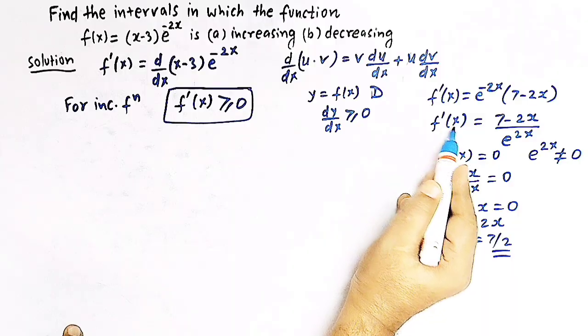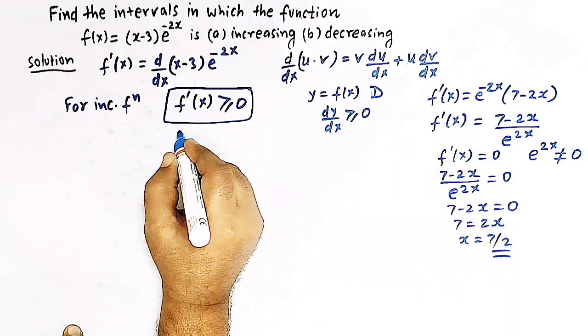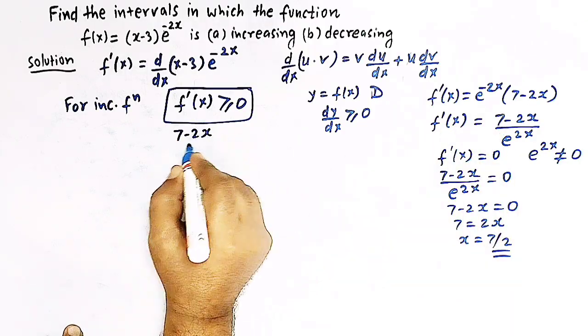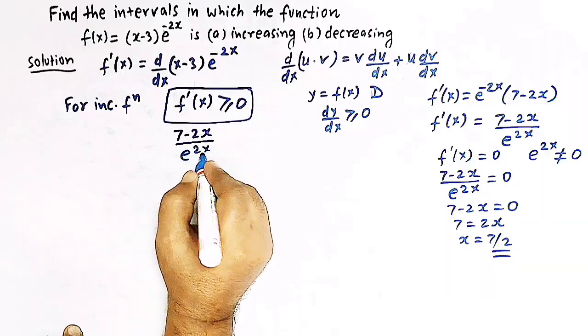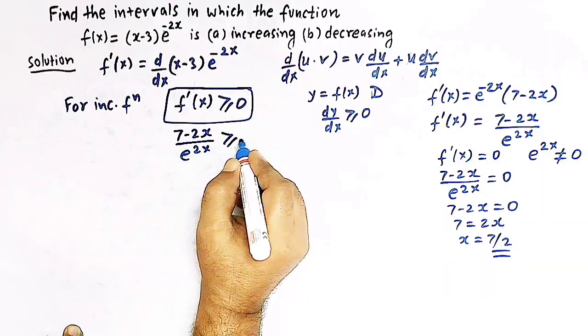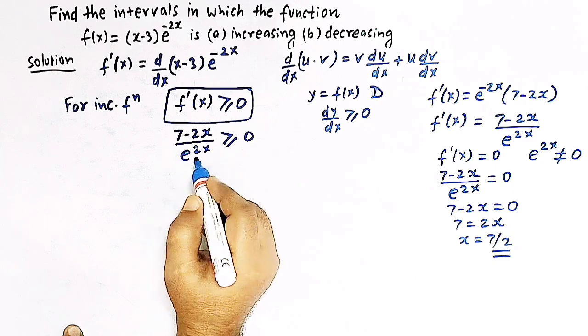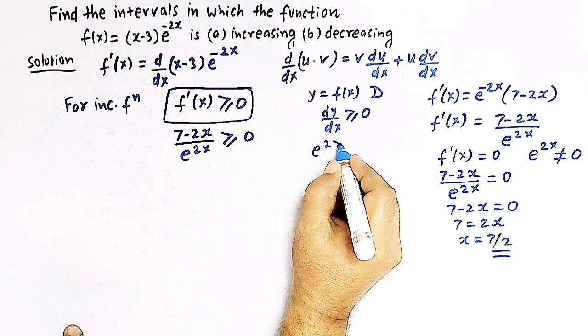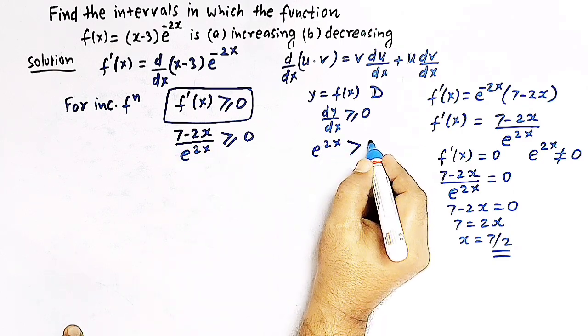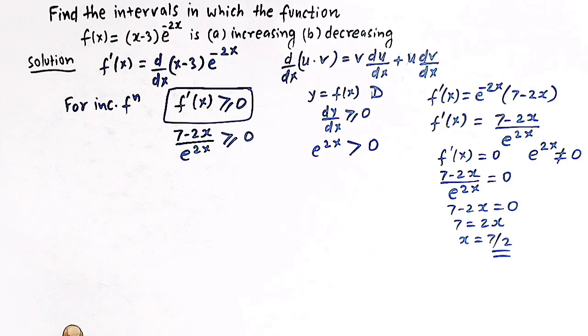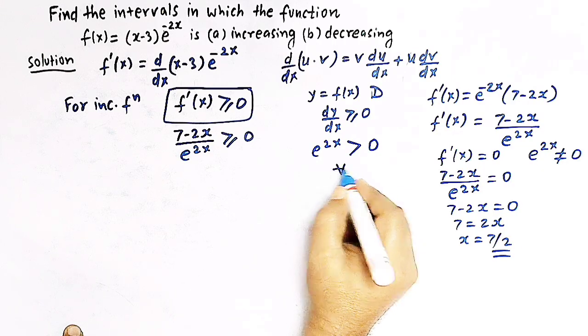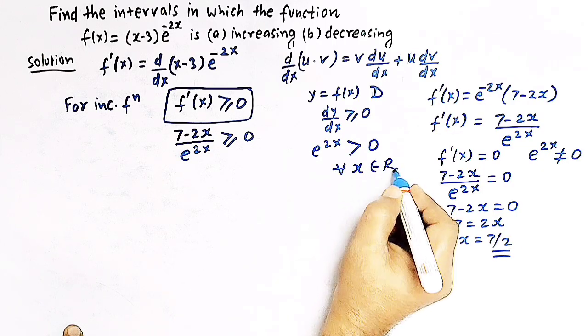So now f prime of x is given by 7 minus 2x over e raised to 2x, and this is greater than or equal to 0, right? Now see here, the denominator, that is e raised to 2x, is always going to be greater than 0 for all x belonging to R, right?